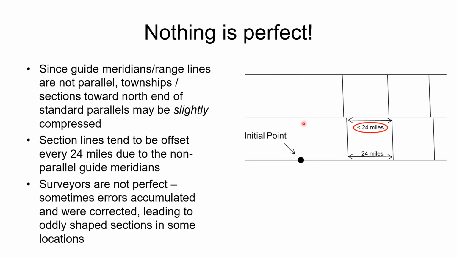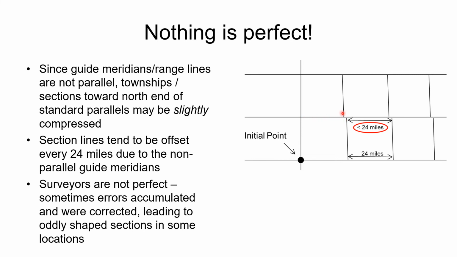Another point is that if you were looking at a map of sections along this line, those will tend to be offset right here, because basically the point where those lower 24 mile by 24 mile subdivision stopped is offset from where the next 24-mile offset will be.